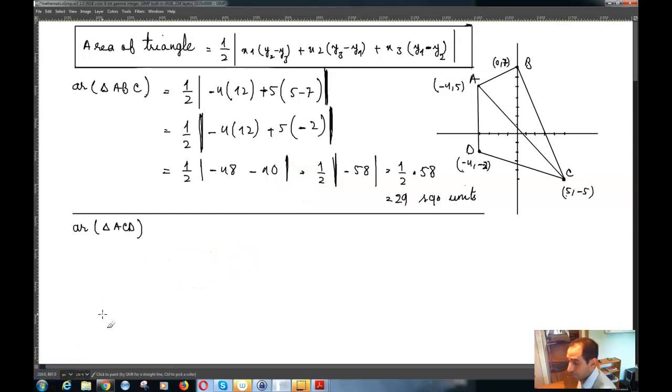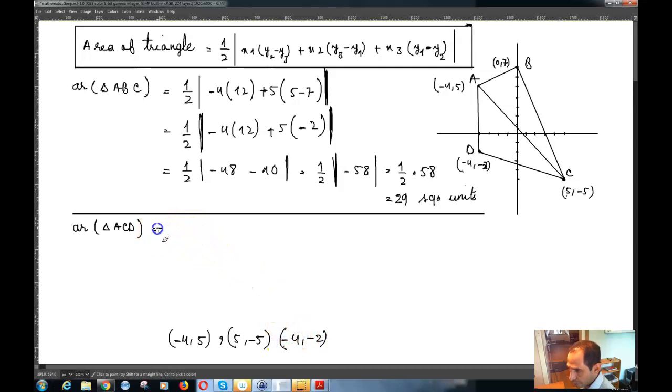Okay, so triangle ACD, I can write them in this order, meaning that I can write it as -4, 5, and then 5, -5, and then -4, -2.